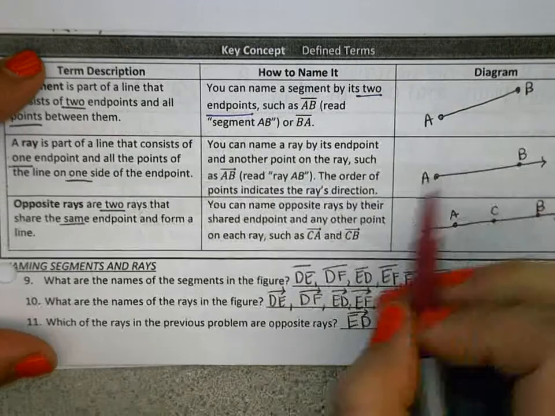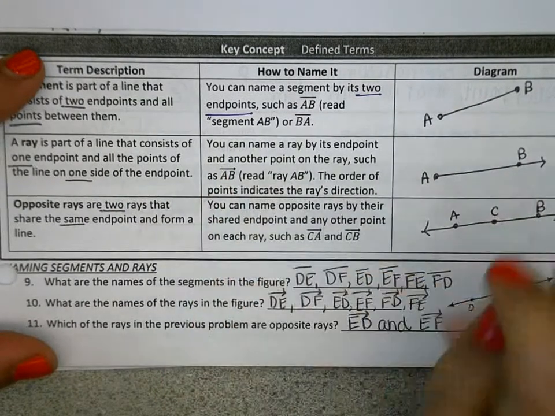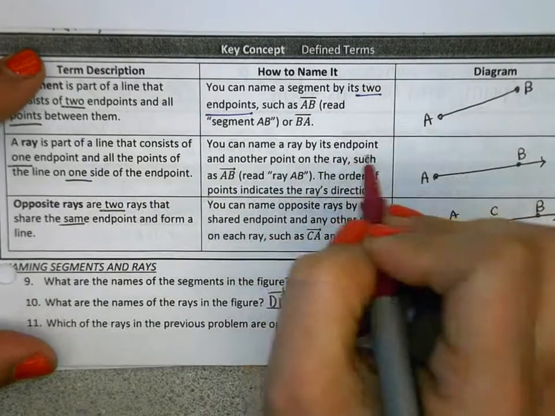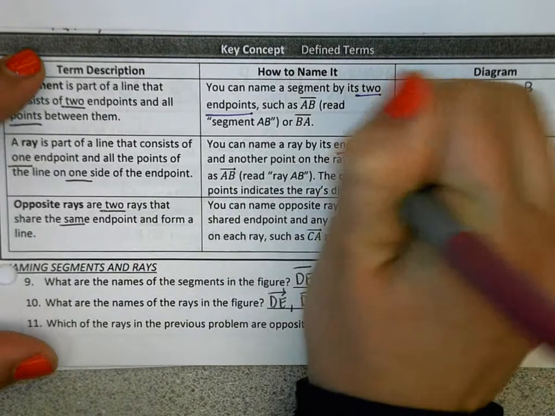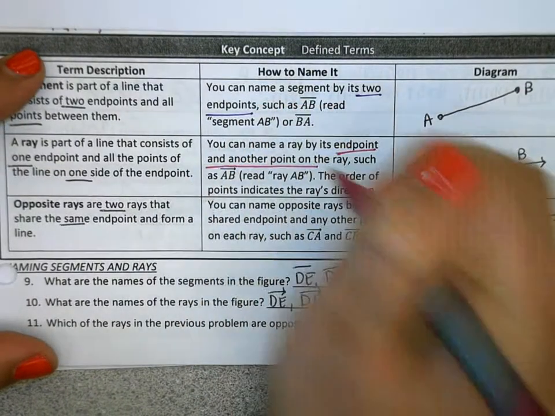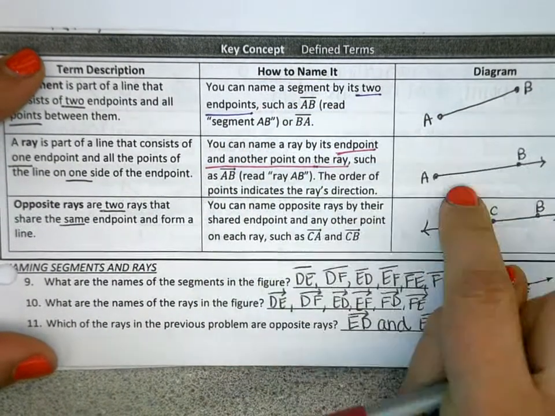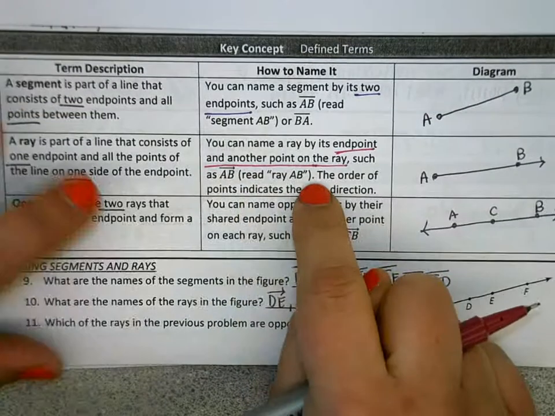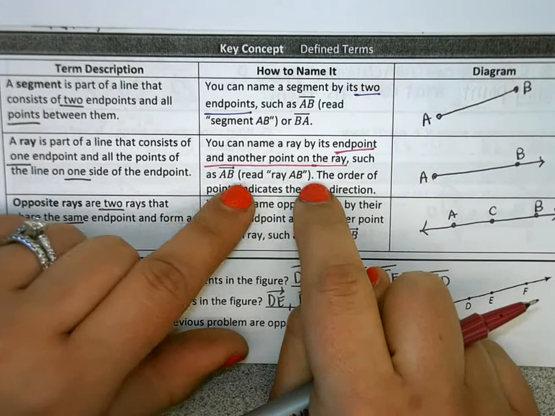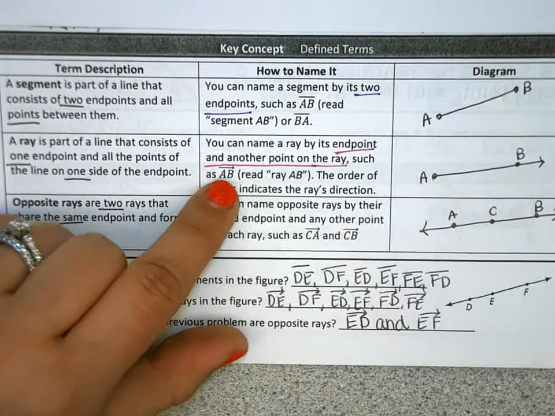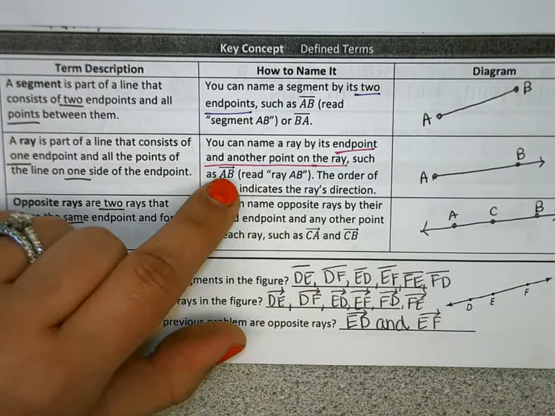You name a ray by its endpoint and another point on the ray. For example, ray AB. And we do the notation of a ray with one arrow going to the right.